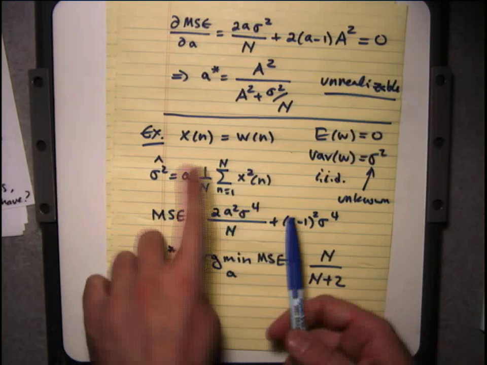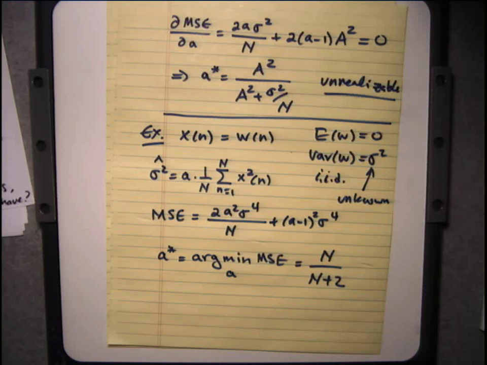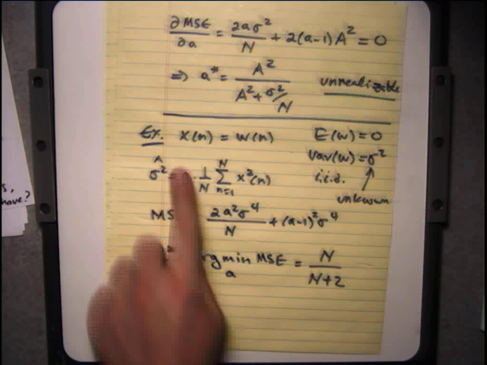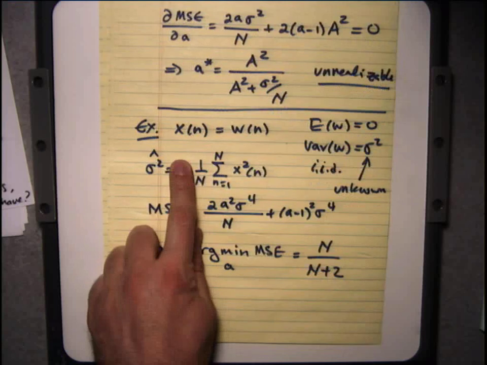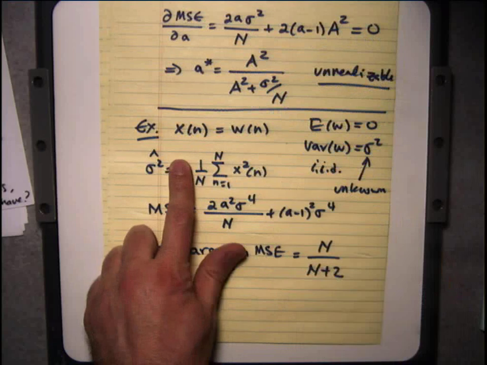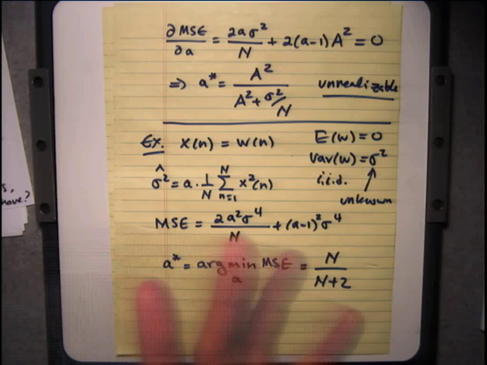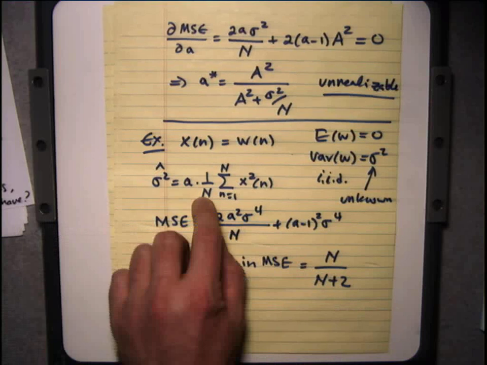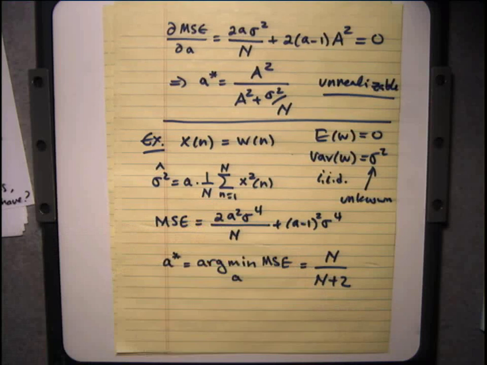Without the A, it's simply the sample variance. That's exactly what MATLAB will do as well. If you just say STD of a long vector, the default will compute this. And if you change the argument and tell it to compute it the other way, it will replace this with n minus 1, and that will become an unbiased estimate.